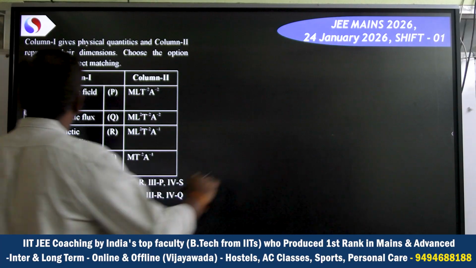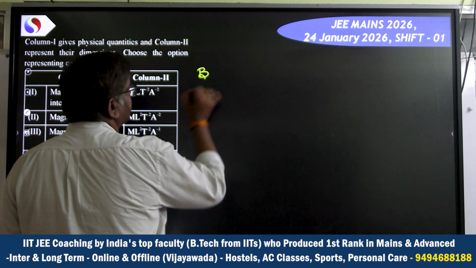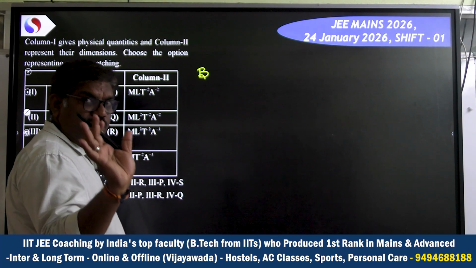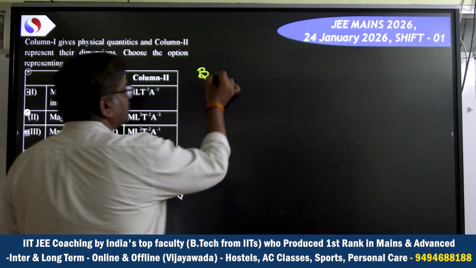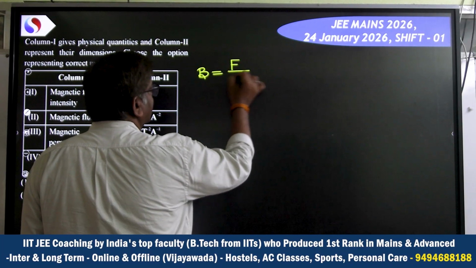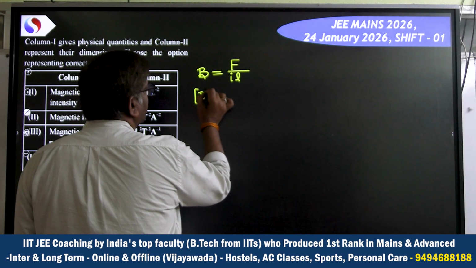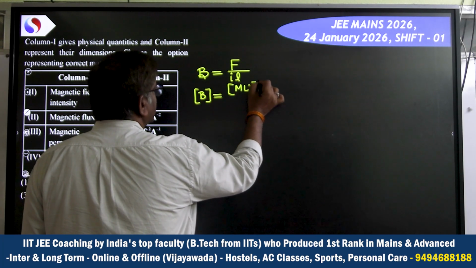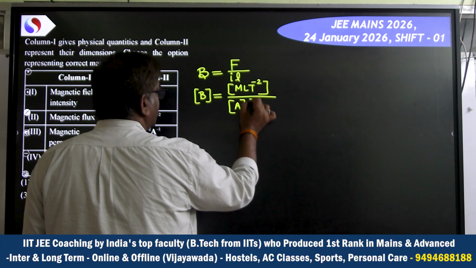Here also we are starting with the magnetic field intensity. We have so many formulas for magnetic field intensity B, but try to use the formula in which the terms are familiar. For example, force equals BIL. So I will use F upon IL. That will be the easy formula, because you directly know these terms: force is MLT minus 2, divided by current, which is ampere, and this is length.